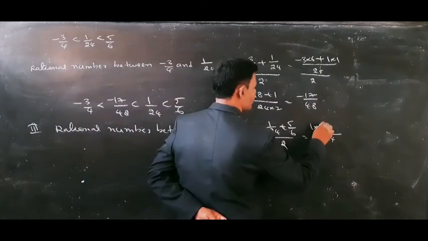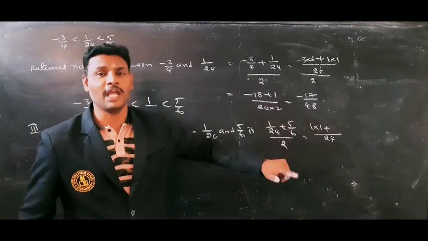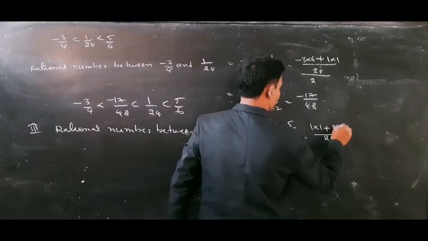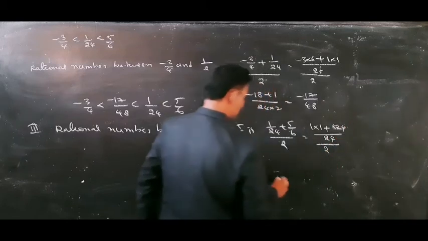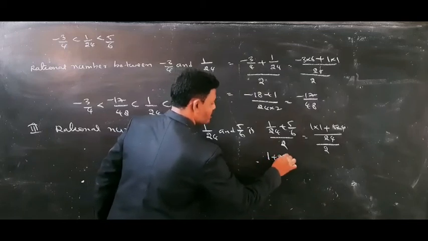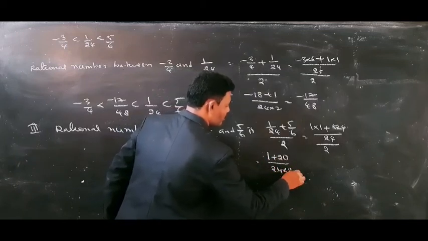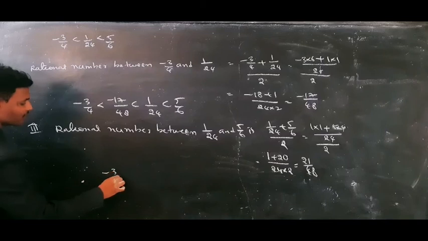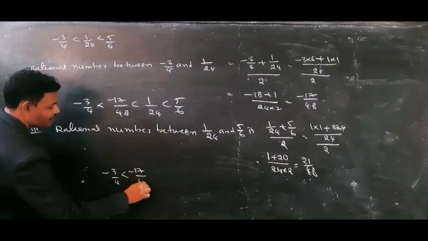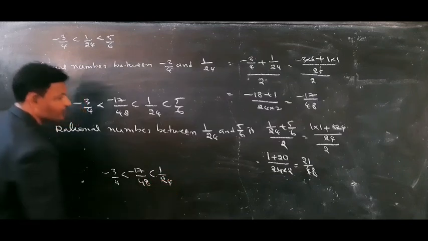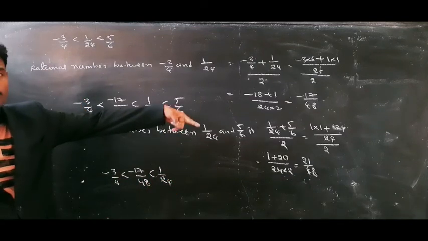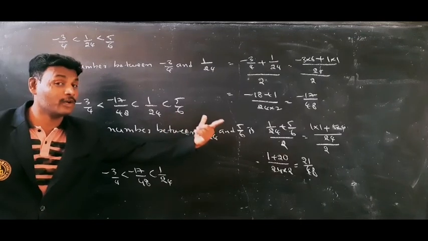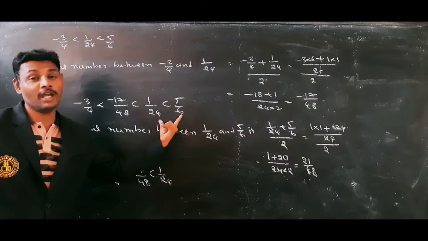So it is 1 into 1 plus, 24 goes 4 times in the 6 table, so 5 into 4, by 2. 1 one is 1 plus 5 fours are 20, by 24 into 2, is equal to 21 by 48. So these are the required rational numbers: minus 3 by 4, minus 17 by 48, 1 by 24. So 21 by 48 is a rational number between 1 by 24 and also 5 by 6. So write 21 by 48 between 1 by 24 and 5 by 6.